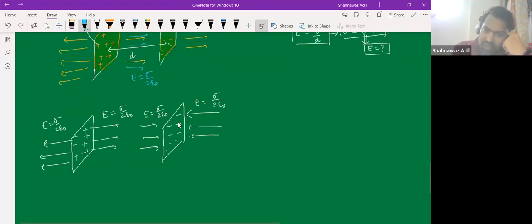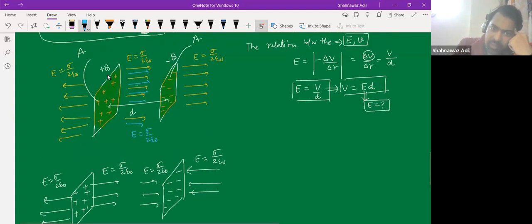So we have just seen from here: for minus, this is incoming; for plus, this is outgoing, right? So for this plus, all the lines are outgoing from this side. For minus, all the lines on every side would be incoming.